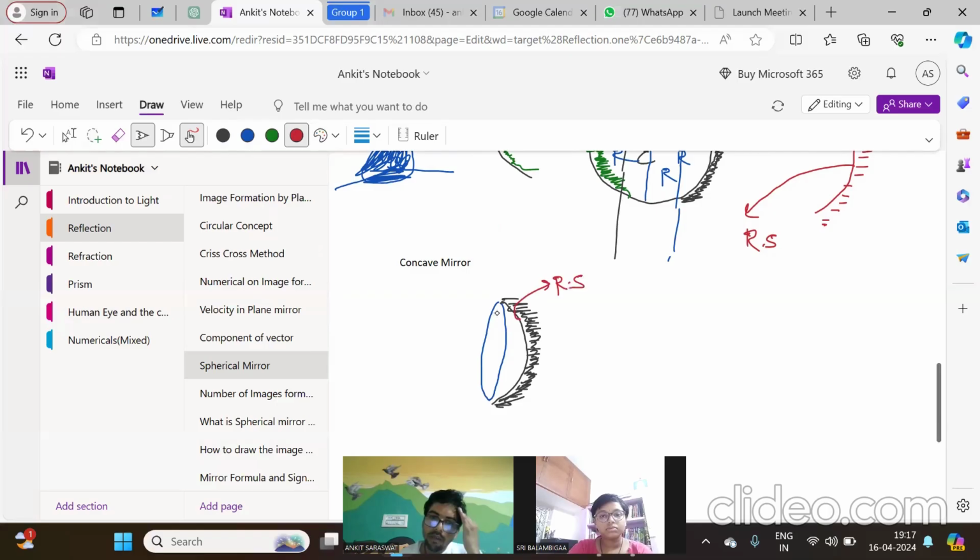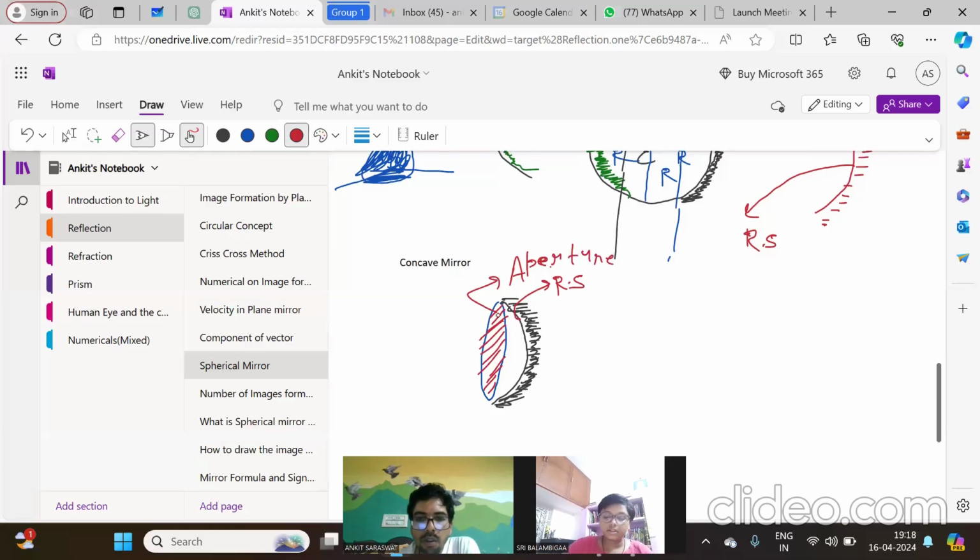Clear? And what is this? First of all, I will explain what this is. This disc shape is known as the aperture.